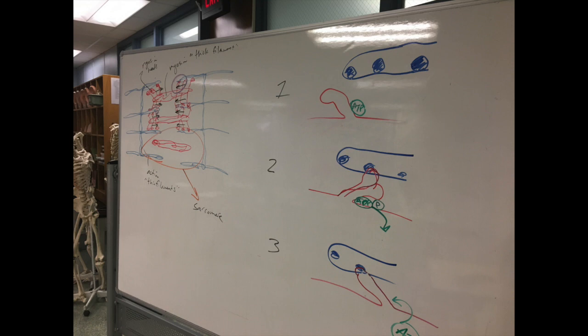We'll talk about rigor mortis here in a little bit. We don't have all the pieces to this puzzle yet. But basically, if there's no more ATP, those myosin heads are going to remain bound to the actin molecules. All right, that's tough stuff.